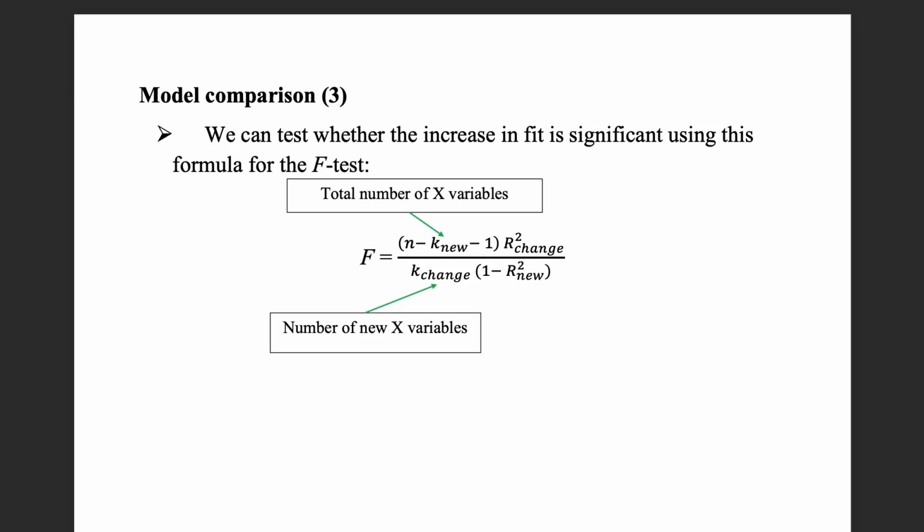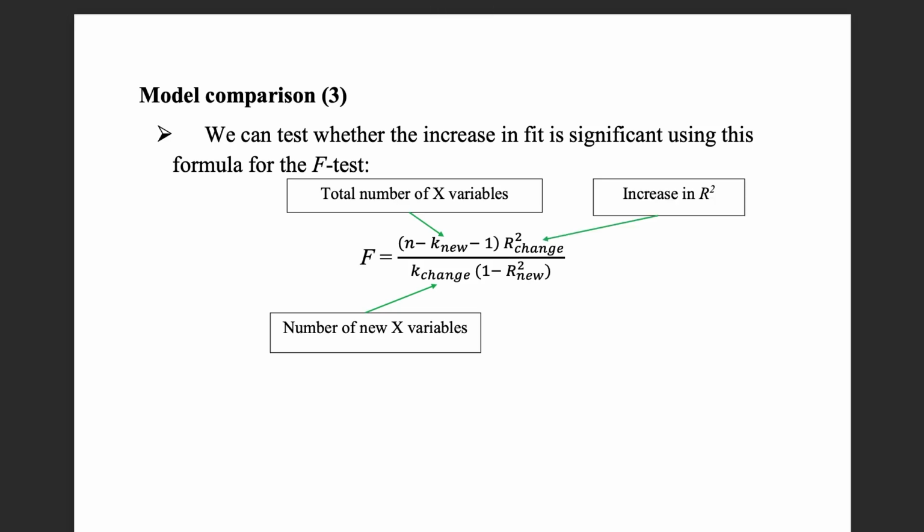But we could also have added age, gender, socioeconomic status, all kinds of other variables to our model. Let's assume we had included gender and socioeconomic status. Then k change would have been 2, because we have added 2 variables to our simple model. So the number of new x variables is what k change refers to.